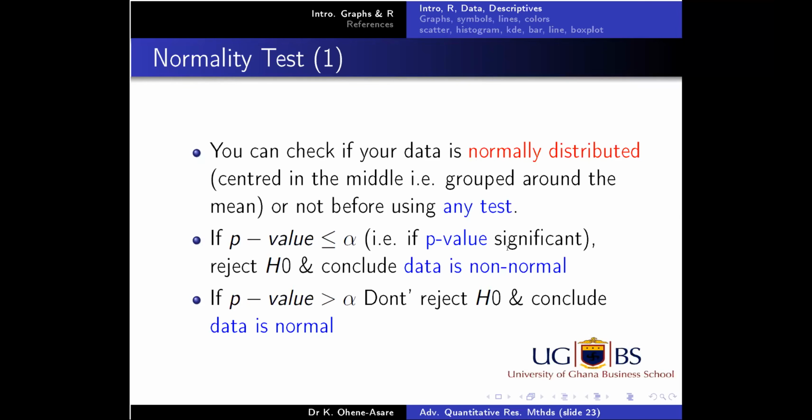My question was, would you want your data to be normally distributed? Yes or no? Yes, please. Why? Because it makes analysis simpler. Good, that's all I want. It makes analysis easier.